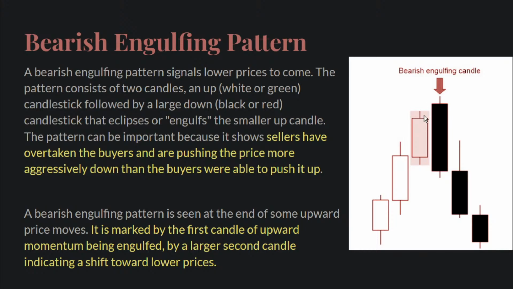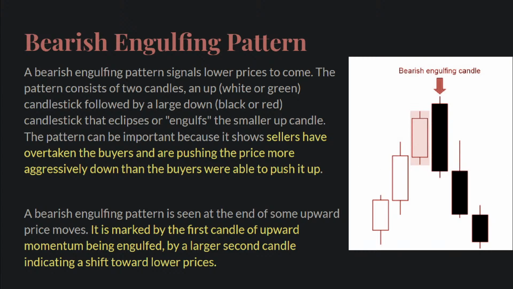Now, as it mentioned in the last one, the wicks aren't necessarily as important as the inner body. So the inner body of the dark candle has to engulf the inner body of the previous candle. So it's the open and the close of the green candle, or the white candle in this case, has to be engulfed by the open and the close of the next candle.